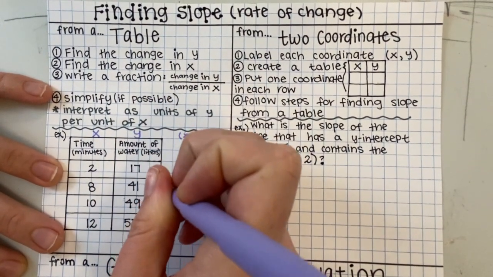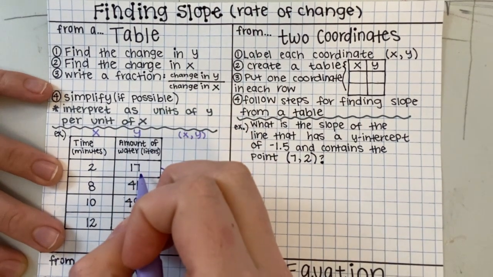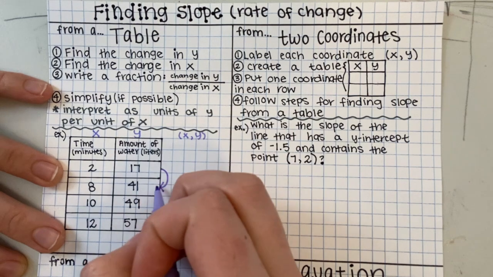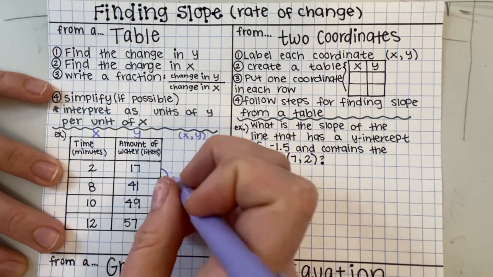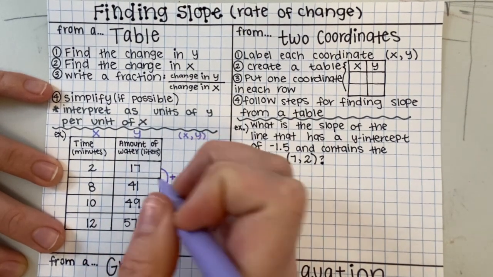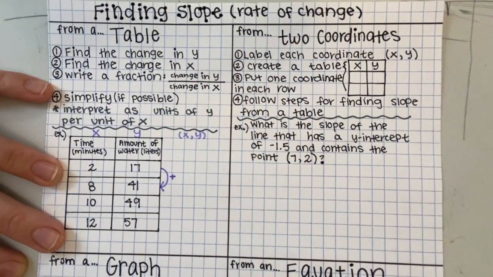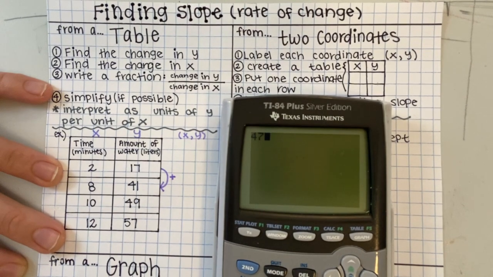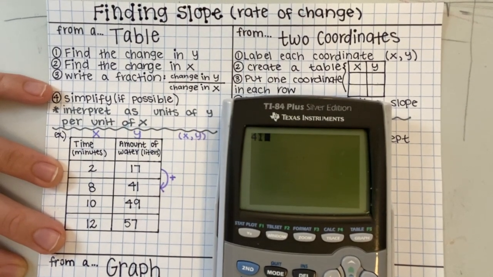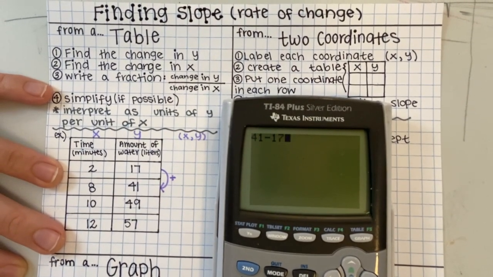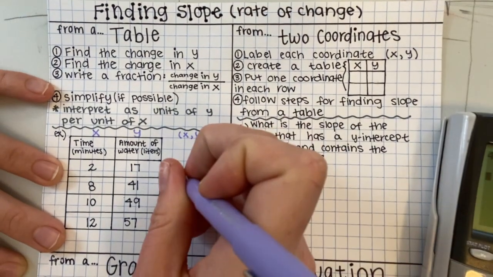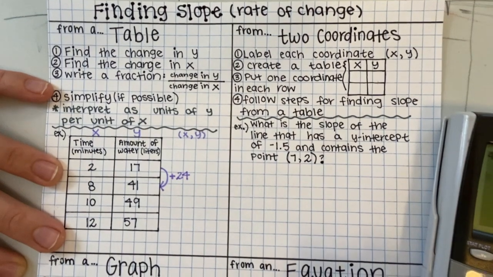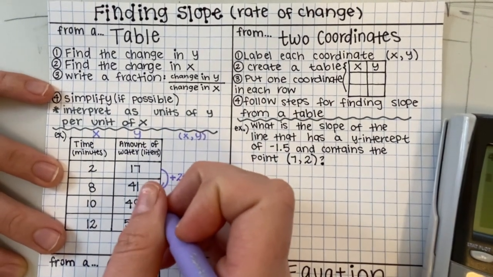So the change in y here, to figure out how much I'm increasing from 17 to 41, I'm adding something, right? Because 17 is smaller than 41. I can do subtraction, and I can say, okay, 41 minus 17 is 24. So 17 plus 24 gives me 41. That was my change in y.